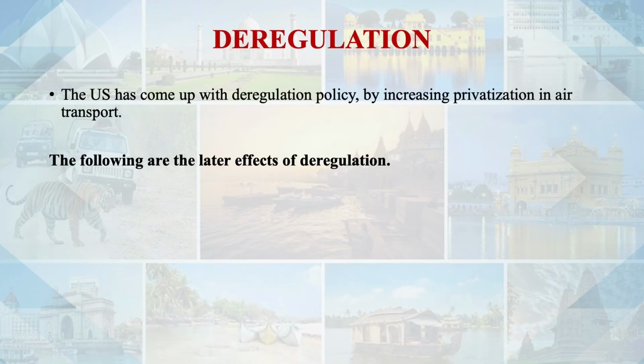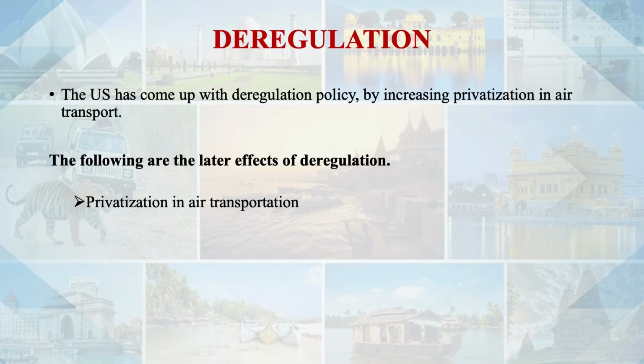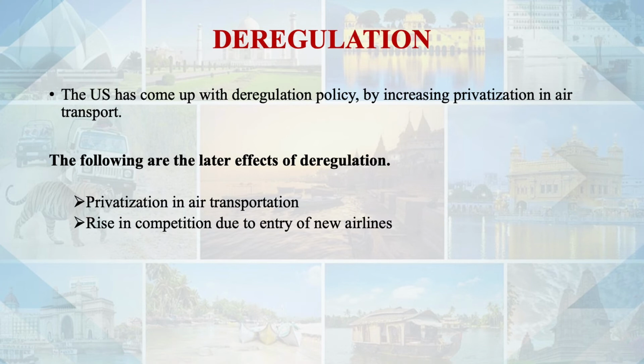The effects of deregulation in the USA, one major one was privatization of air transportation. So private companies started to operate airline companies. That became a very important step in the case of air transportation. Because of privatization, a rise in competition was there. So new airlines started.